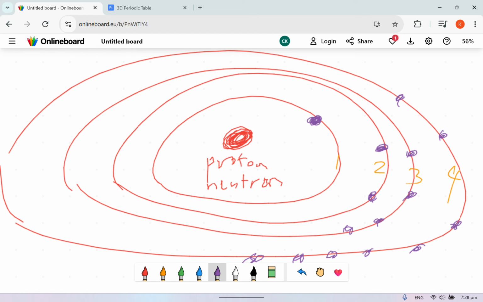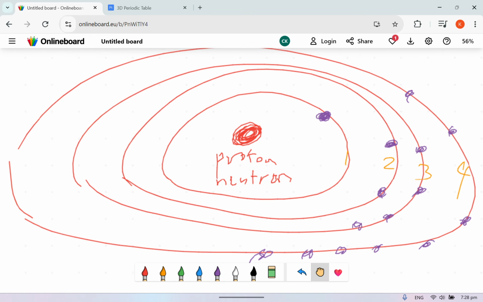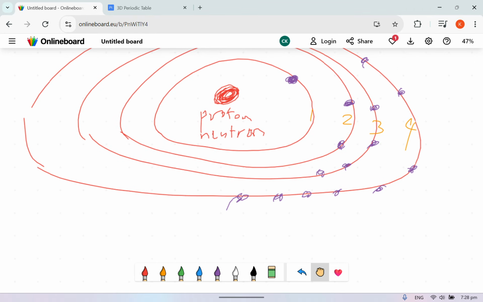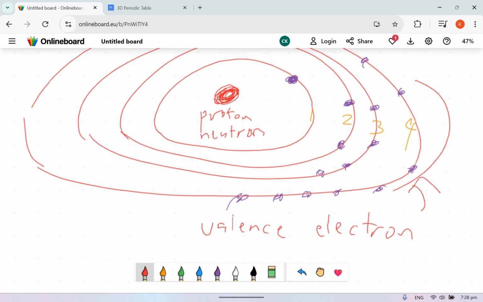I'll just give you an example. On every electron shell, there will be a certain number of electrons. And the electrons on the outermost shell are called valence electrons.